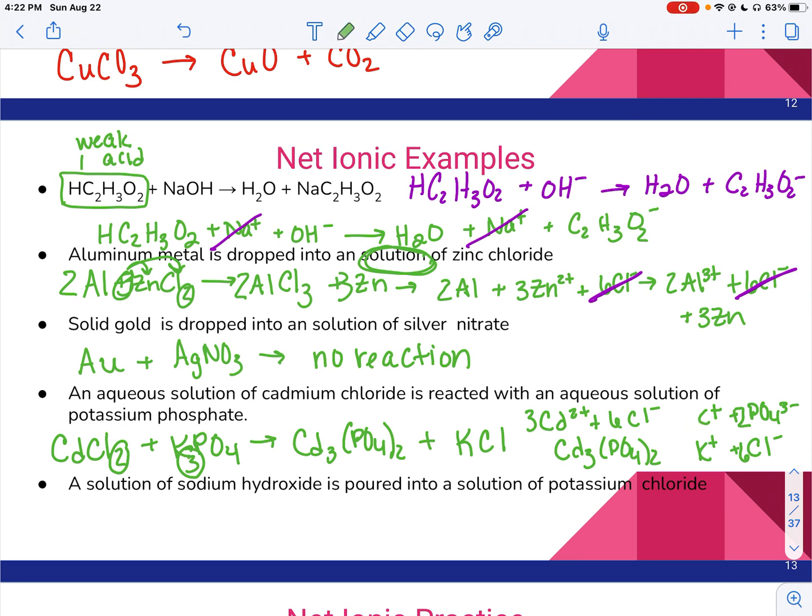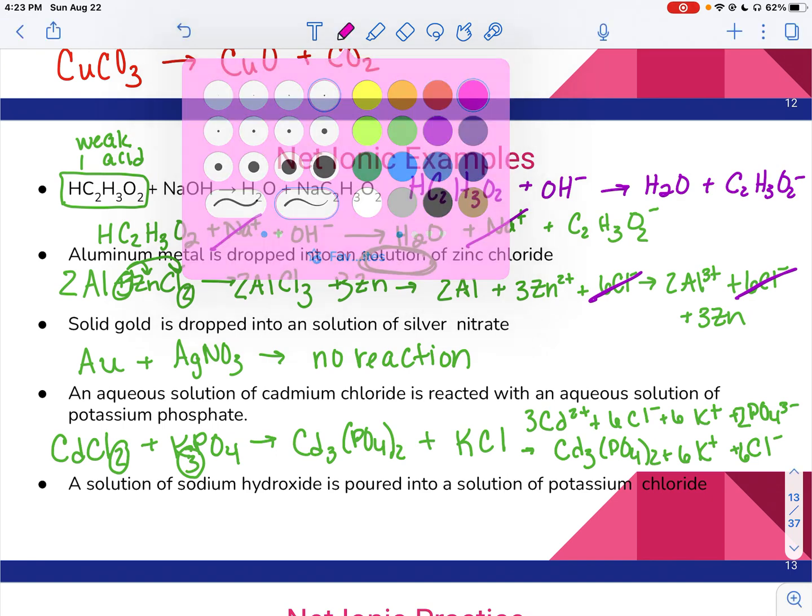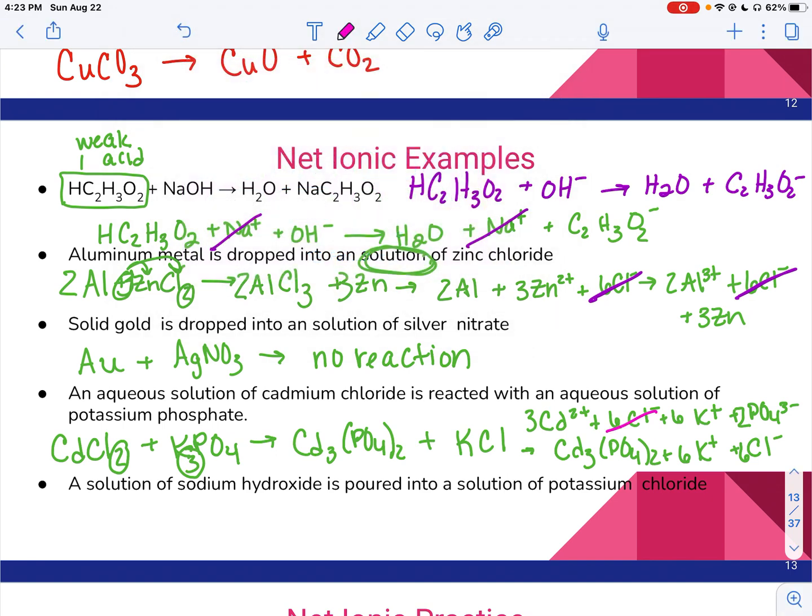This is why I think it's easier to do it before. But I think that works. Okay, so now we can cancel out any spectator ions. So for spectator ions, we have 6Cl- and 6K+.